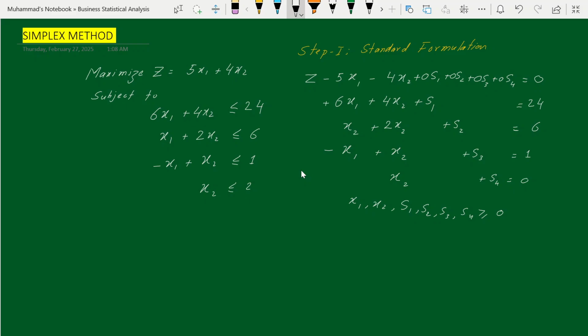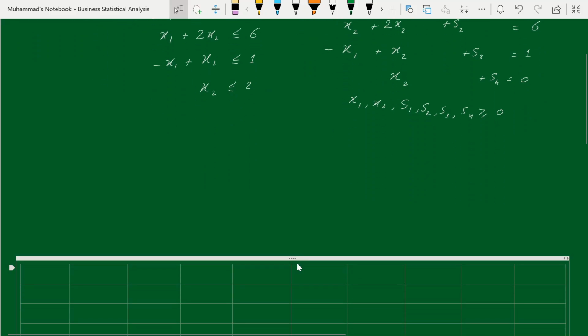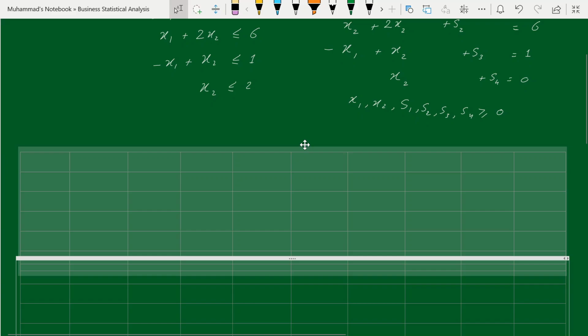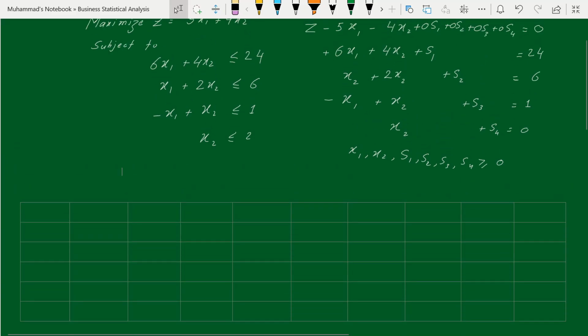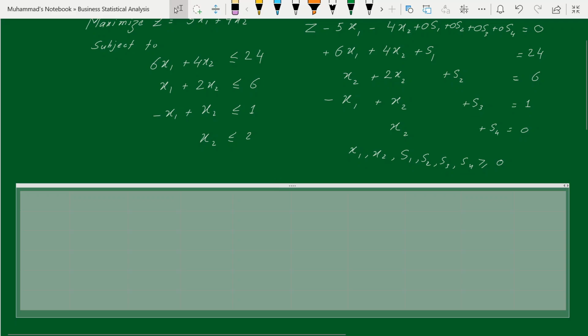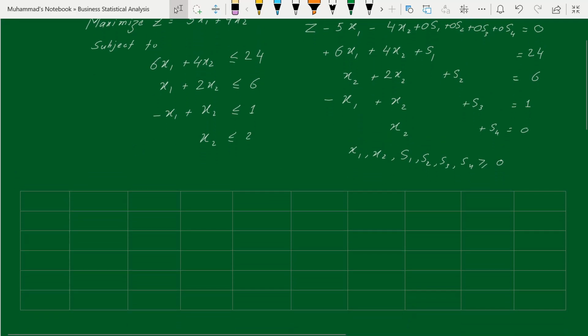Once you have converted the linear programming model into the standard form, we are ready to start the simplex method. To start, first of all, we need to convert this system of equations into matrix form. So this is our iteration number one.